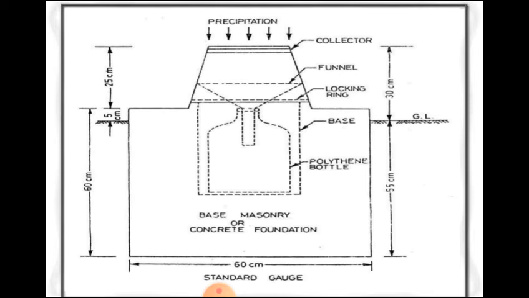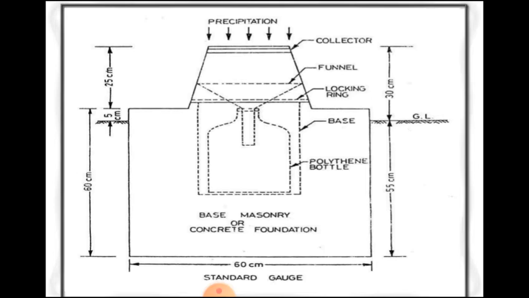Typically in India, at 8 or 8:30 a.m. a person goes and reads the rain gauge to find how much rain occurred in the previous day. So at a fixed time every day somebody goes and checks the amount of rainfall.